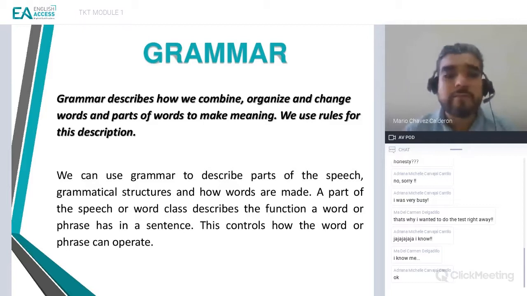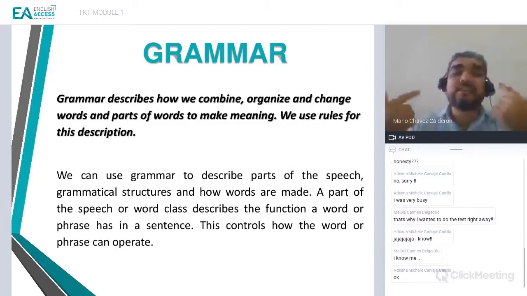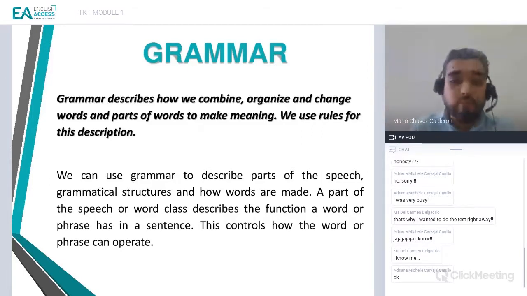So grammar describes how we combine, organize, and change words and parts of words to make meaning.